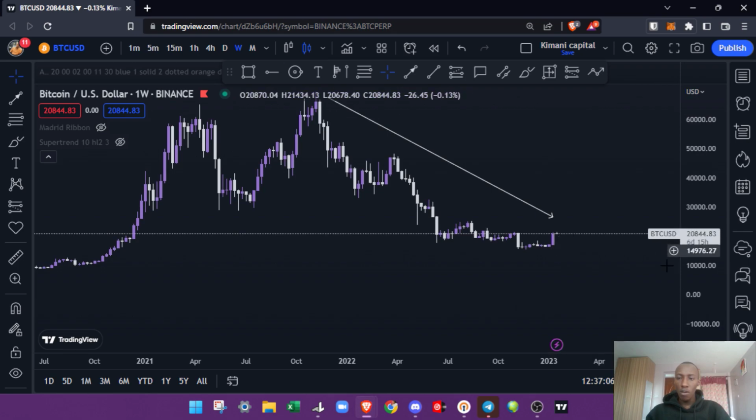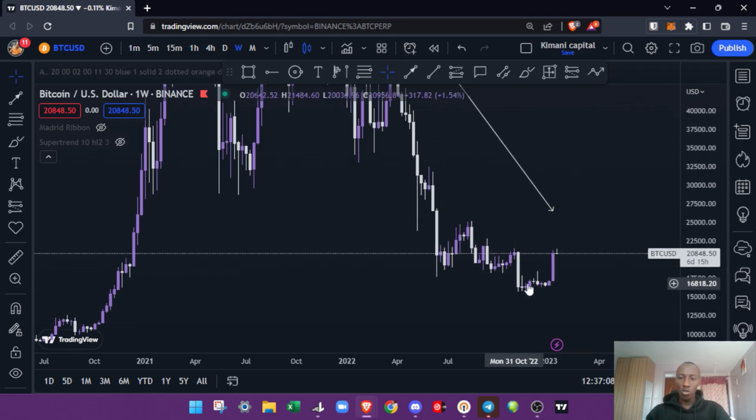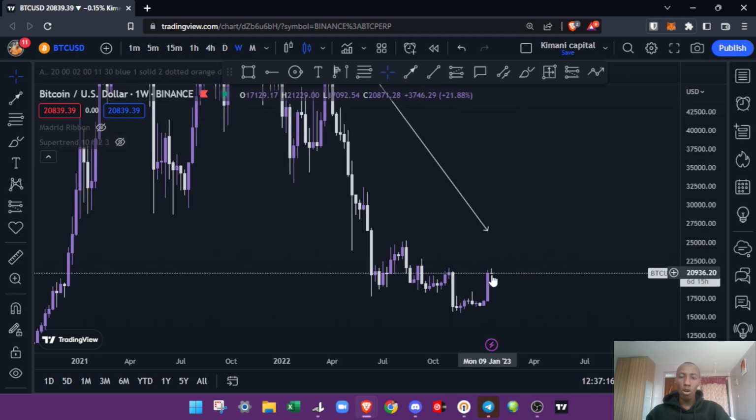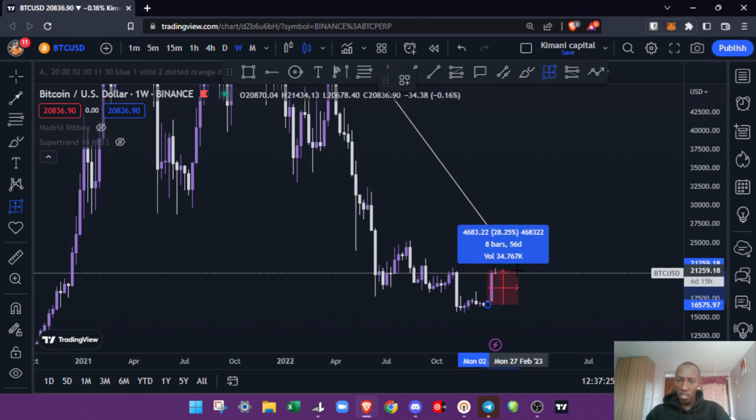But lately we have seen a reversal that started on the 2nd of January, and we are now starting to rebound. It might look small, but this is a very huge gain for Bitcoin. That's a clean 27% for Bitcoin in just 2 weeks.